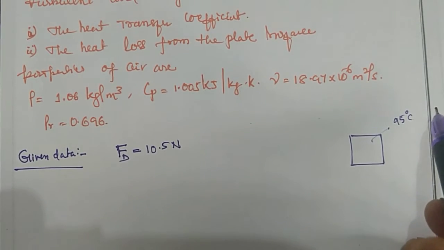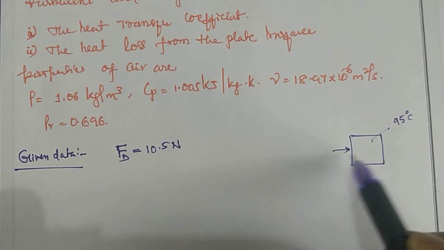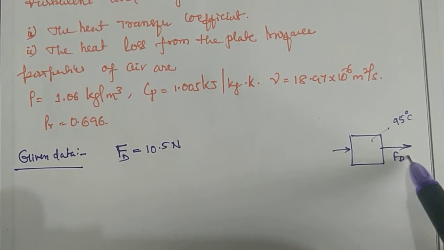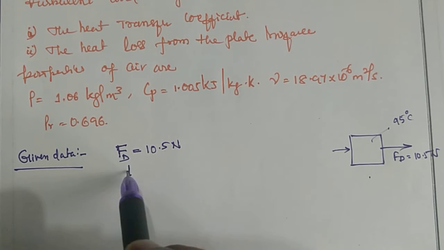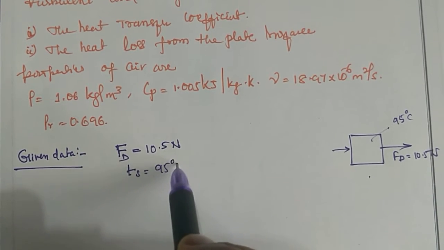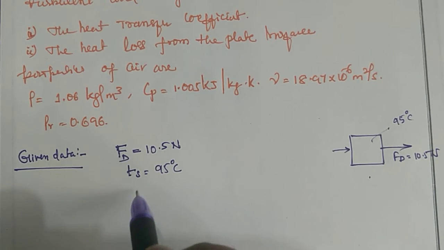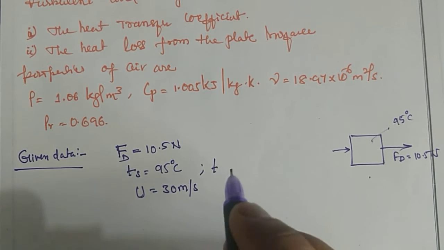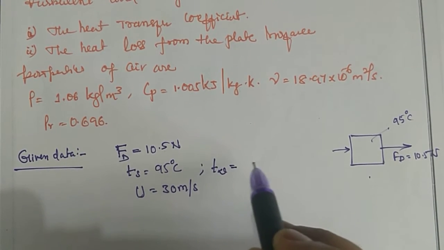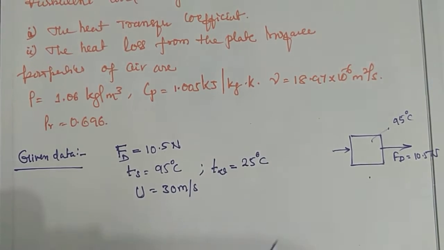It experiences a drag force Fd of 10.5 Newton at a velocity of 30 meters per second. So the surface temperature of the plate is 95 degrees centigrade, the velocity is 30 meters per second, and the atmospheric temperature is 25 degrees centigrade.